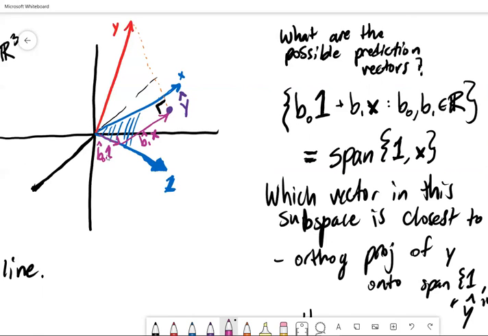We don't know what those coefficients are, but at least we're zeroing in on them. We know that they're the coefficients of 1 and x that lead to the orthogonal projection of y onto the span of 1 and x. So that's going a very long way toward figuring out the slope and intercept of the least squares line.